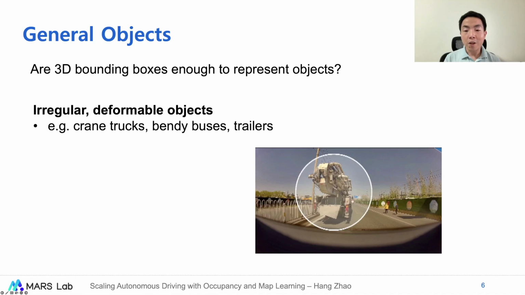They are typically not rigid boxes like cars, but they usually have multiple parts. Say, a crane truck has a movable mechanical arm that protrudes from its main body. Then modeling it with a simple 3D bounding box, there will be errors.